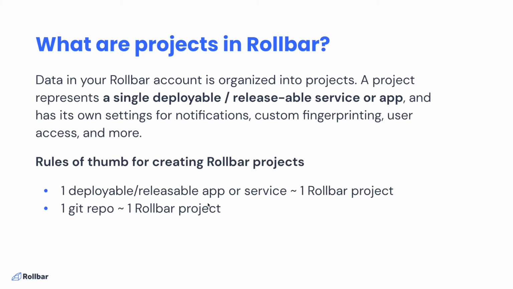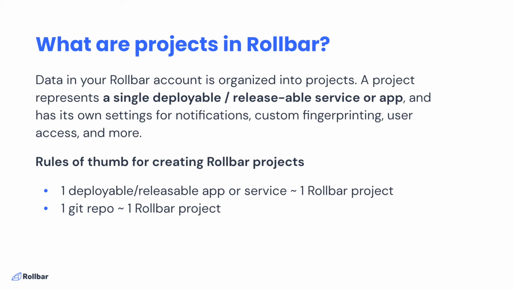So the idea behind that is these different code bases are going to be updated separately of one another. They get deployed independently. And in a lot of cases, they have different teams with different priorities and goals. So a lot of the settings in a Rollbar account are at the project level, giving each team the autonomy they need without making things overly complicated and giving each team their own account.